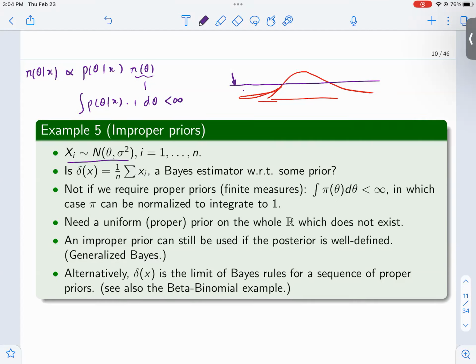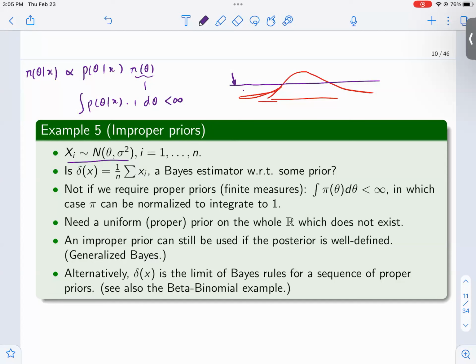So the decision rules that you get out of these improper priors are sometimes called generalized Bayes rules. And so if you want to recover the MLE as the Bayes estimator, it's going to be the limit of Bayes estimators for some sequence of priors, or, for example, in the beta binomial case, you can see that. Or you put these improper priors.